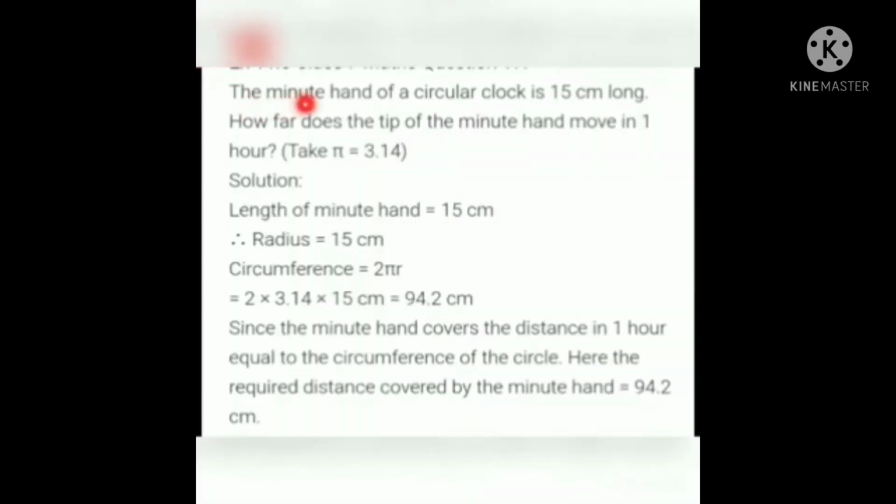The minute hand of a circular clock is 15 centimeter long. How far does the tip of the minute hand move in 1 hour? So the length of the minute hand is given and what distance it covers when the time moves 1 hour. That is, imagine this is the clock and this is minute hand, isn't it?